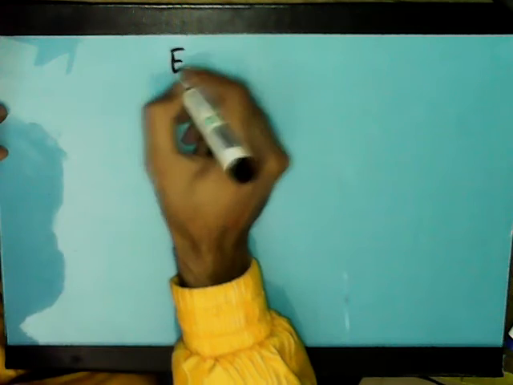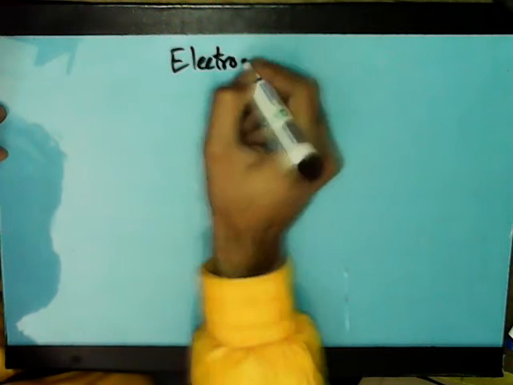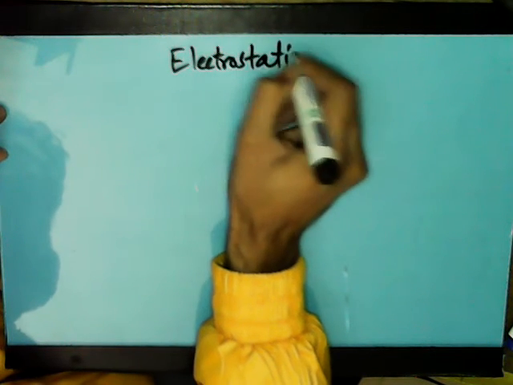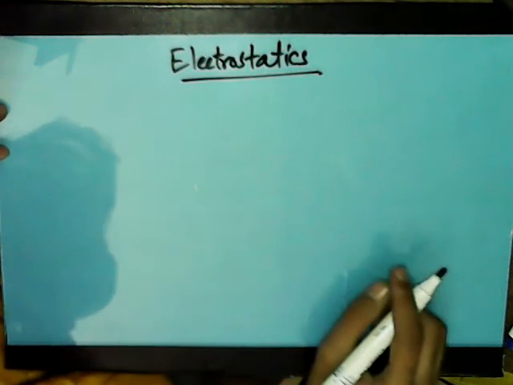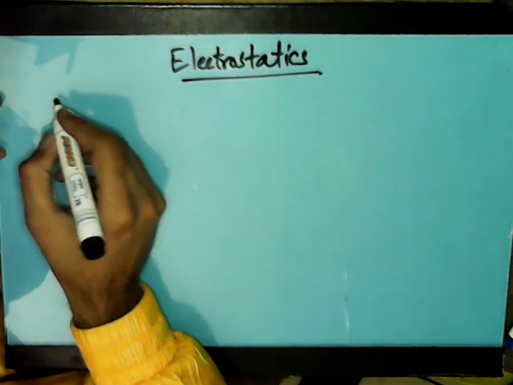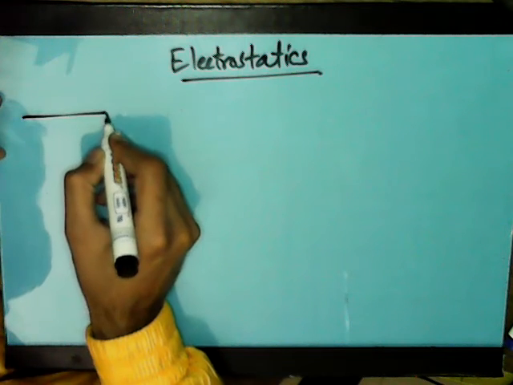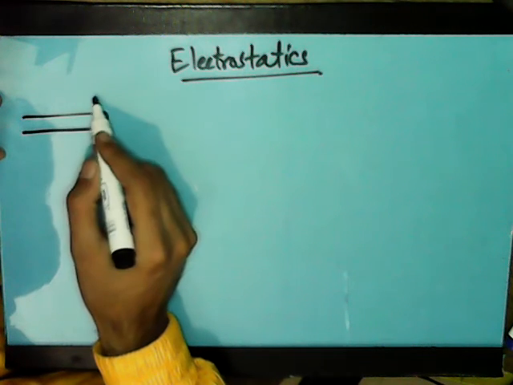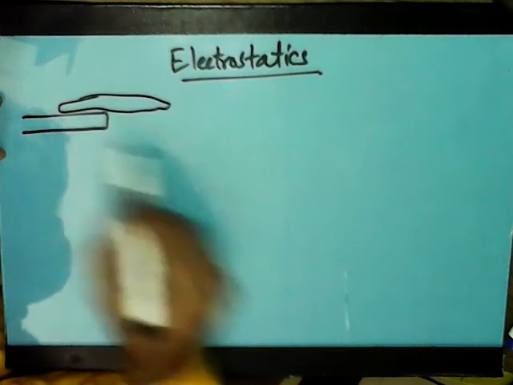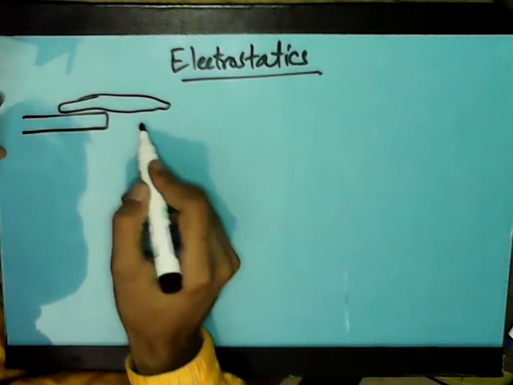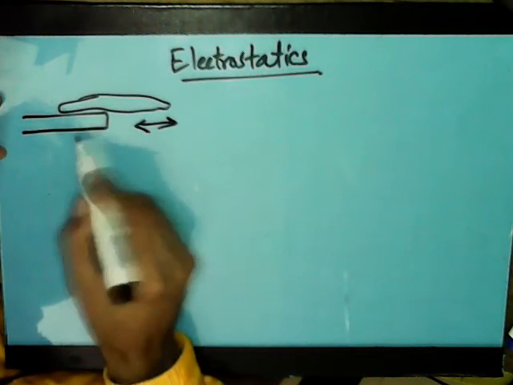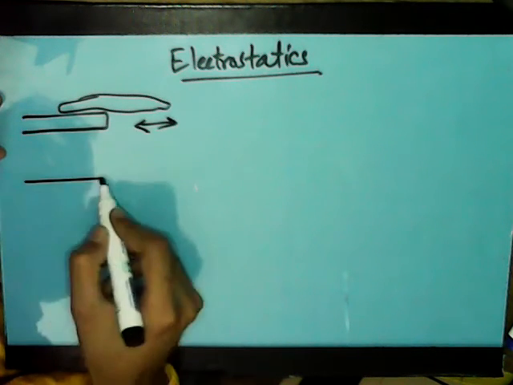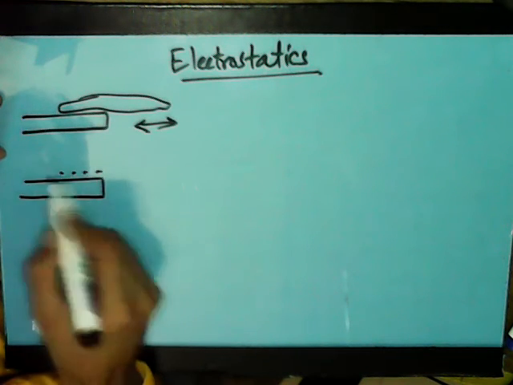We were discussing in the last lecture of electrostatics that if we take a plastic rod and rub it with a cloth, due to friction of these objects, the plastic rod becomes negatively charged, right?